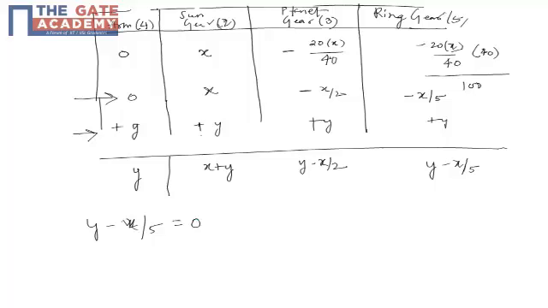And the other condition that is given is that gear 2, which is nothing but the sun gear, is 60 rpm counterclockwise. So x plus y is 60 rpm. Here we have assumed everything to be clockwise, but based on the data given, gear 2 is rotating 60 counterclockwise.